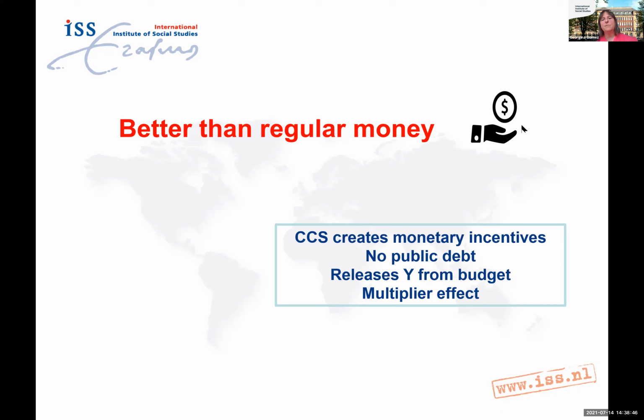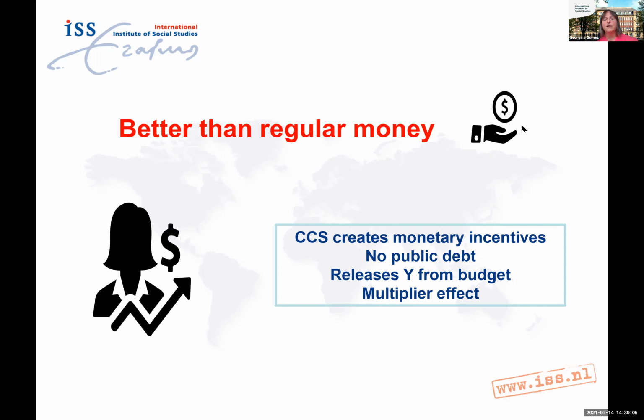At the same time, the government could improve the condition of the city without incurring new public debts, which released income to take care of other things that city governments often need to take care of. And of course, this created a multiplier effect in the region in and around the city of Curitiba.